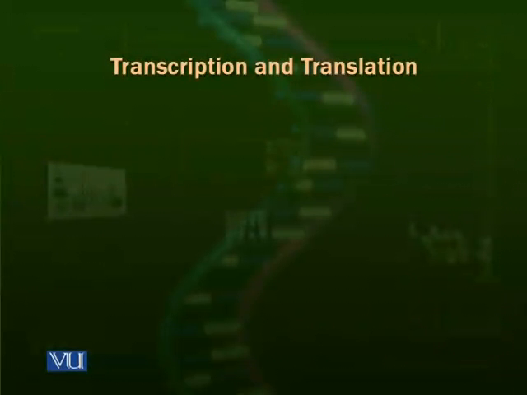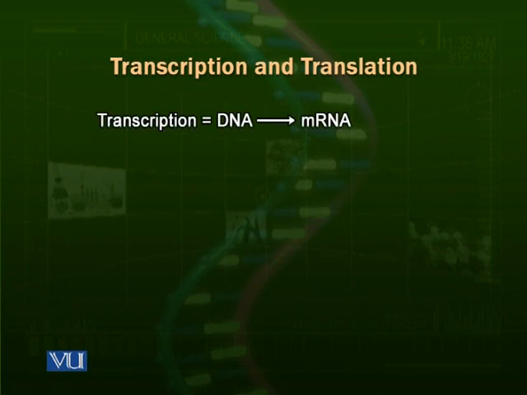Then transcription. If we just have a brief look at a diagram, this describes that transcription is from DNA to an RNA molecule. This particular RNA molecule is called messenger RNA. So DNA to messenger RNA is called transcription. Then messenger RNA to protein is called translation.